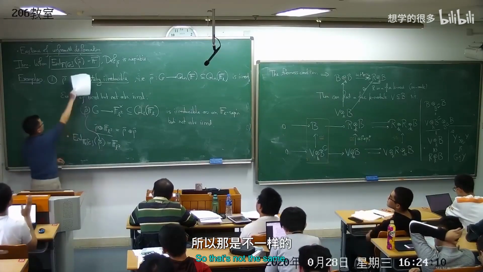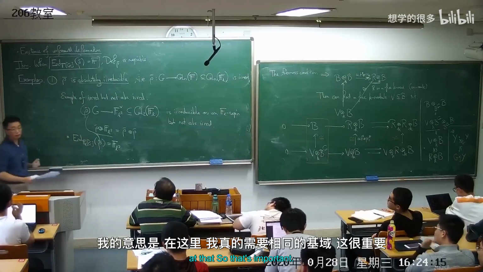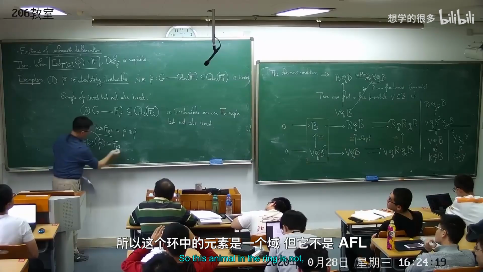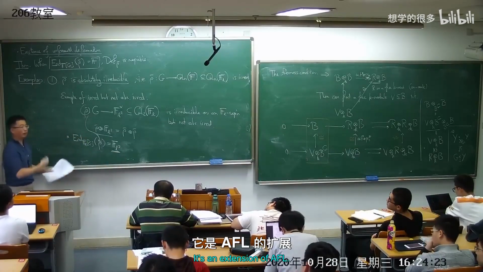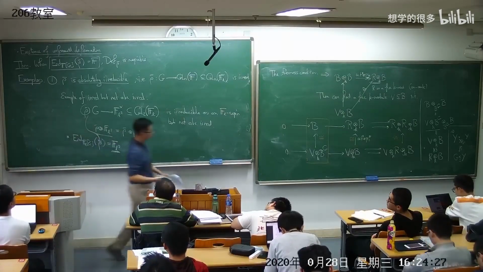So that's not the same; over here I really need the same ground field F. That's important. So this endomorphism ring is a field, but it's not F_l. It's an extension of F_l. Okay. That's one thing.